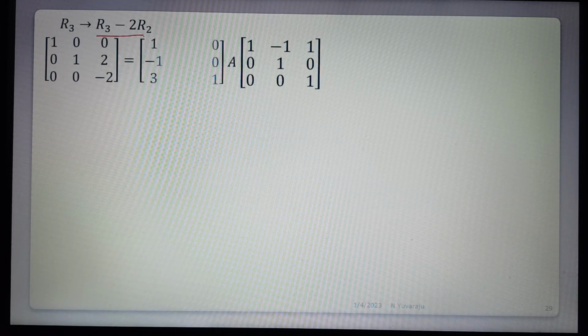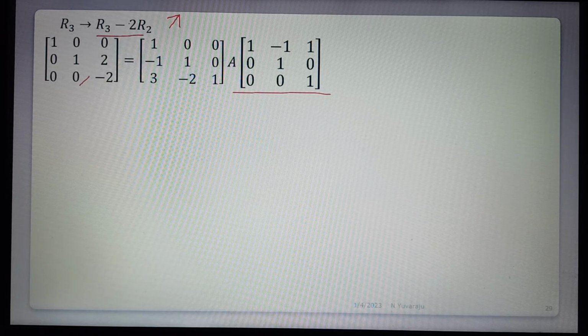R3 equals R3 minus 2R2. That is equal to 1 0 0, 0 1 2, 0 0 minus 2. This element is now 0. The same row operation on the pre matrix: 1 0 0, minus 1 1 0, 3 minus 2 1. So this is similarly the same, no change.